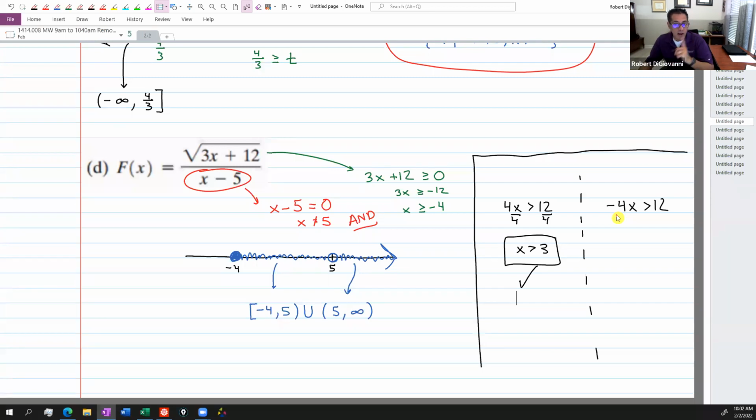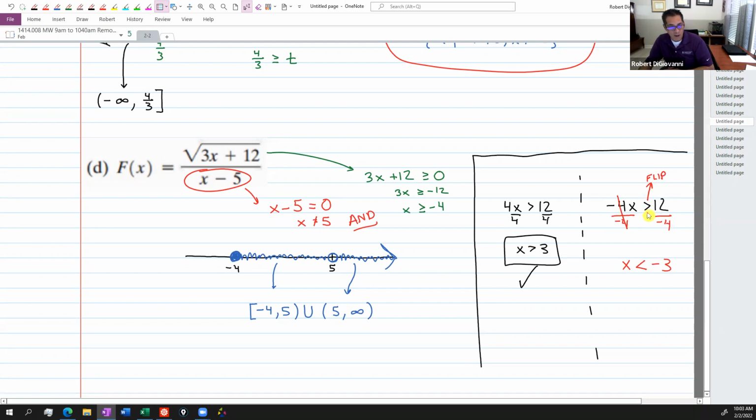If you multiply or divide both sides by a negative, what do you have to do to the inequality? You have to flip it. Okay, so if we divide this by negative 4, you have to remember now that that's going to flip. So it becomes x less than negative 3.